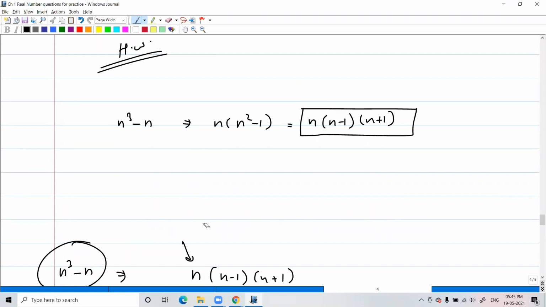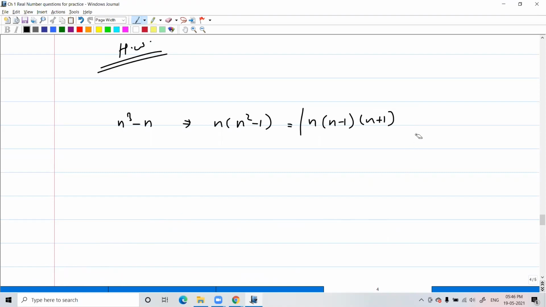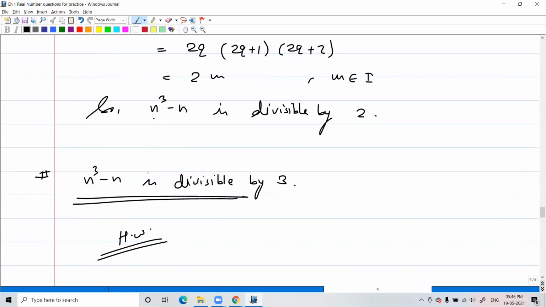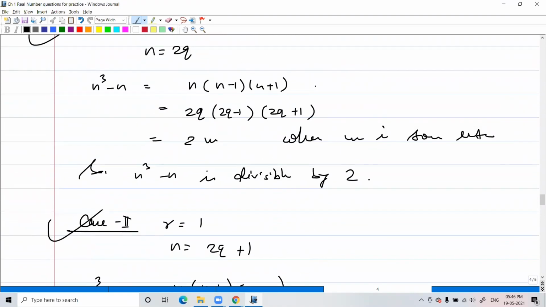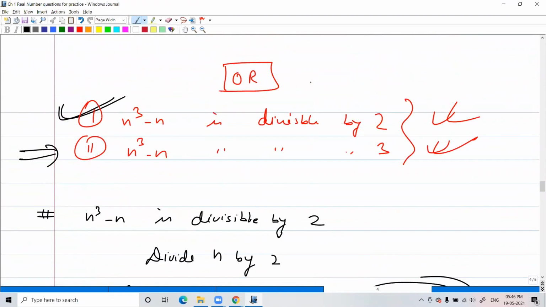Any problem like this, a divisibility problem from the first chapter, you will use Euclid's division lemma to prove it. Okay. And like I said, I showed you two different methods. First method, we used 6 directly.